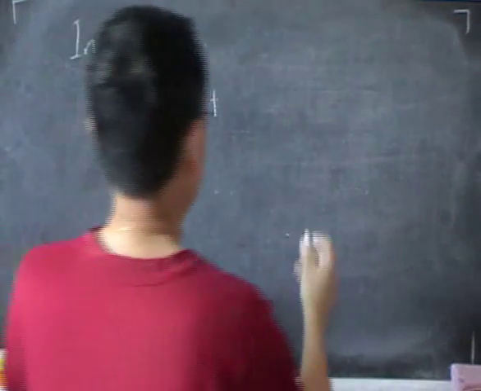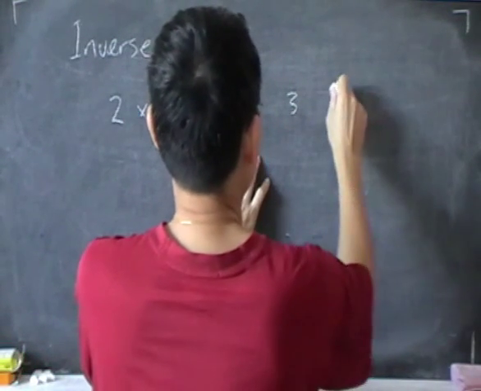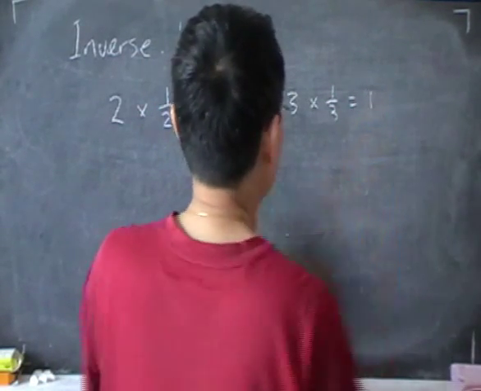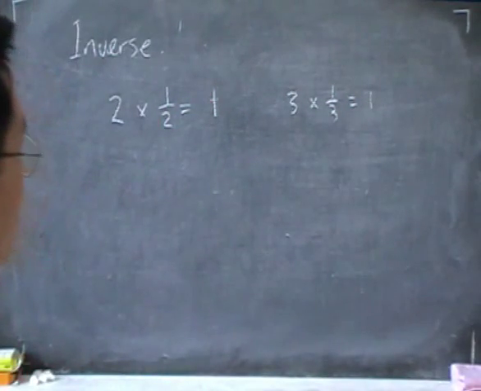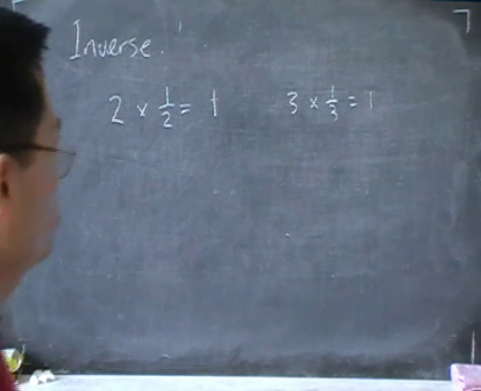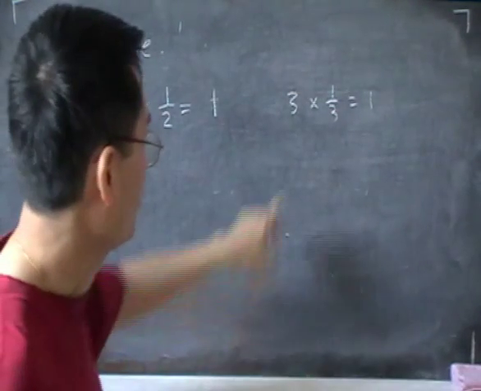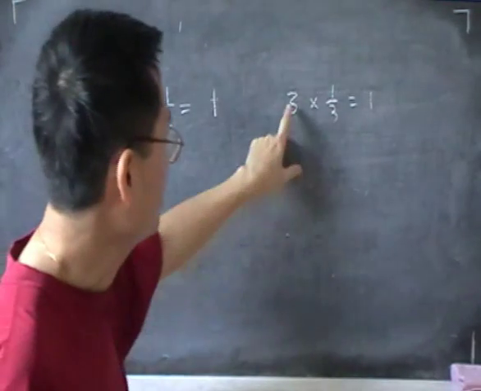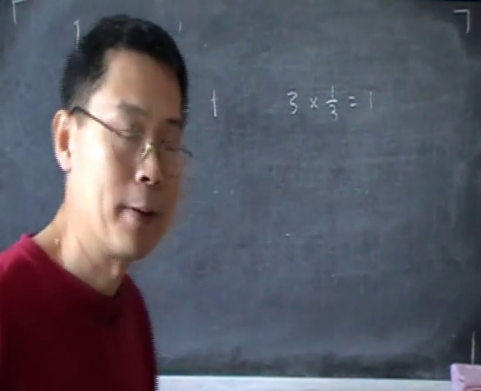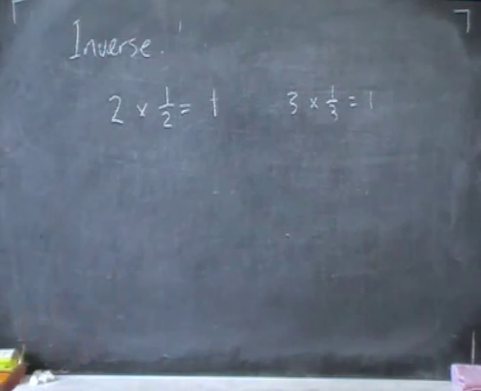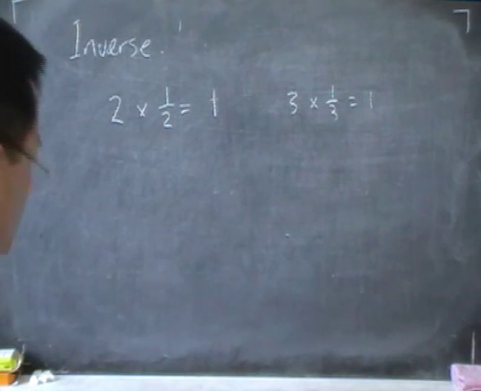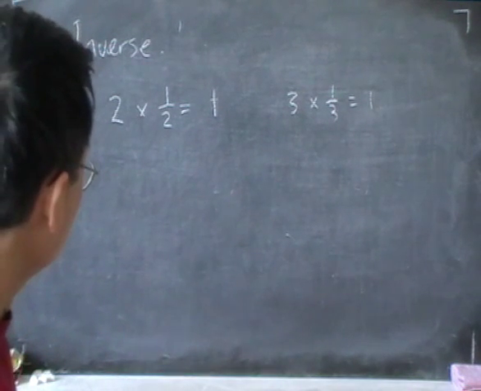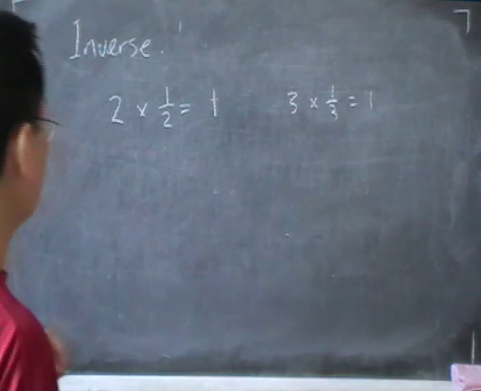If I take the number 3, the inverse is 1 over 3, and when I multiply them, the answer must be 1. Okay, so that should be quite obvious. Multiply a number by 1 over its number, you are basically dividing 3 by 3. Right. So nothing very new here. Now I'm going to rewrite this slightly.